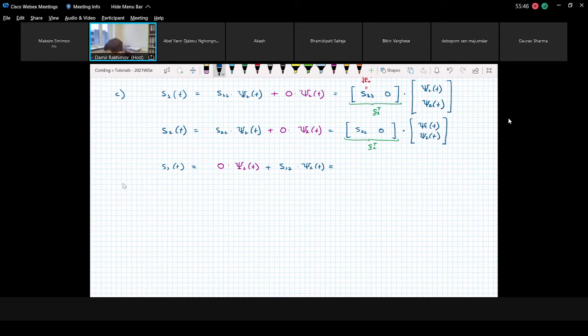But the algorithm is the same. We just represent it as inner product times vector with basis functions.